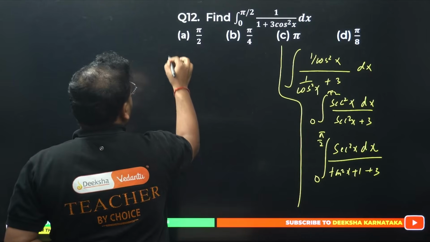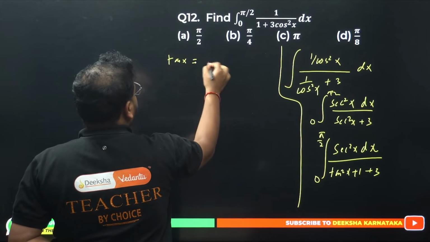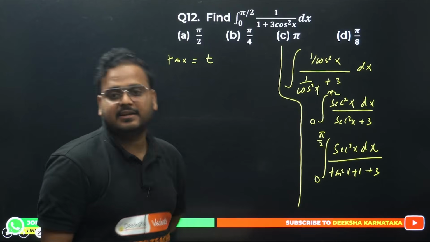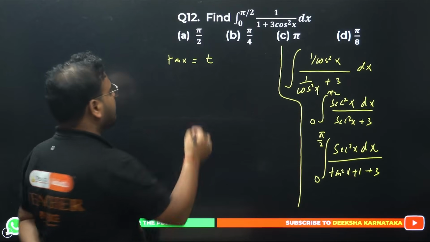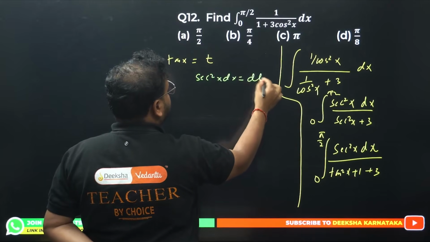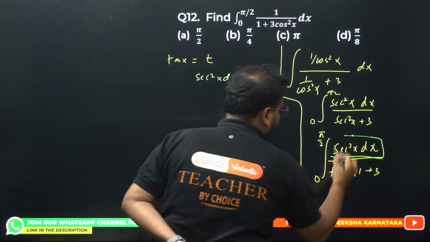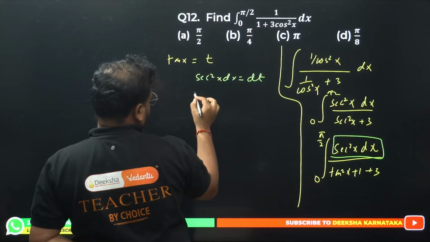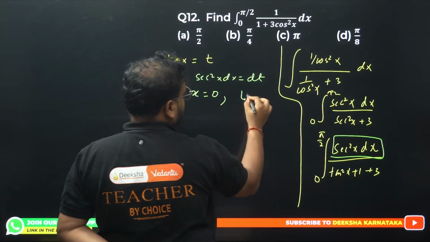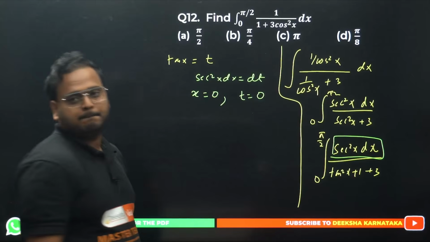Take the substitution tan of x as t. Differentiate. I get sec square of x dx as dt. Limit change. When x is 0, what happens to t? t is 0, correct?